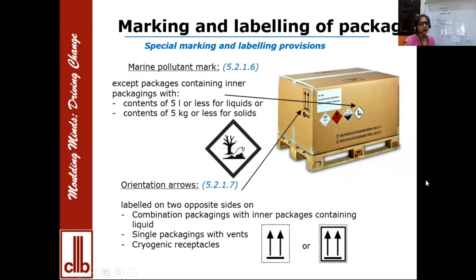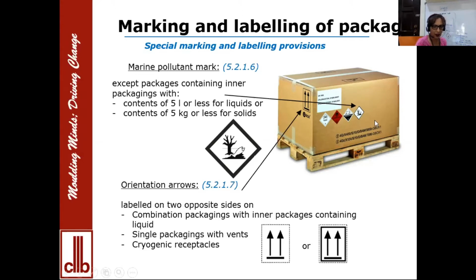And then this slide here talks about when you use the marine pollutant mark. If, for instance, the inner package inside this box is above 5 liters or 5 kgs, and it's a UN number that also has marine pollutant as one of its hazards, then you also have to indicate the marine pollutant symbol.